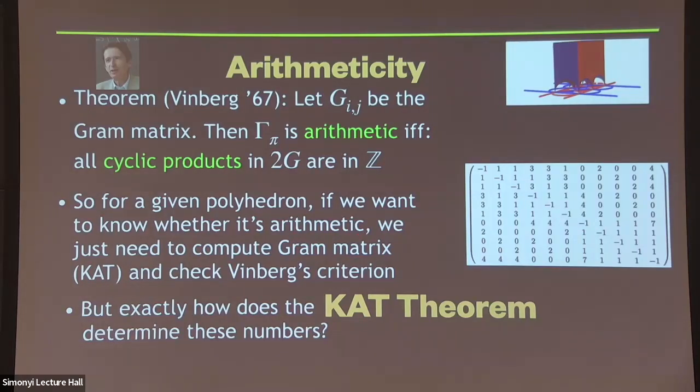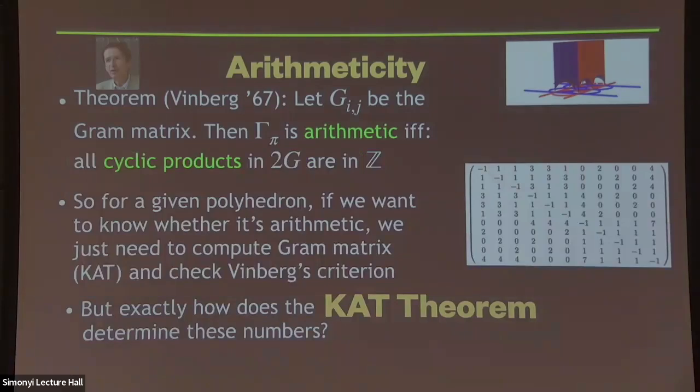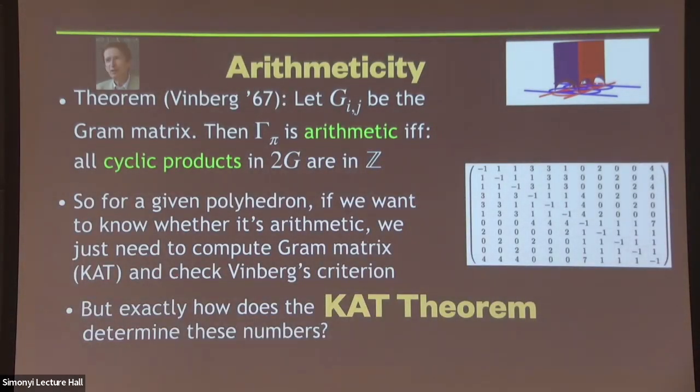But wait a second, how do you actually compute the Gram matrix? Where do these numbers come from? I have to tell you a little bit more about the proof of the Koebe-Andreev-Thurston theorem. I'm a little bit confused. This is not the matrix of all of the cyclic products, right? You filled in some other numbers here. This is the matrix of all inversive products of the circles in the cluster and co-cluster together. Here everything is an integer, but in general, what was it you said about an arc cosine, which was not 3?